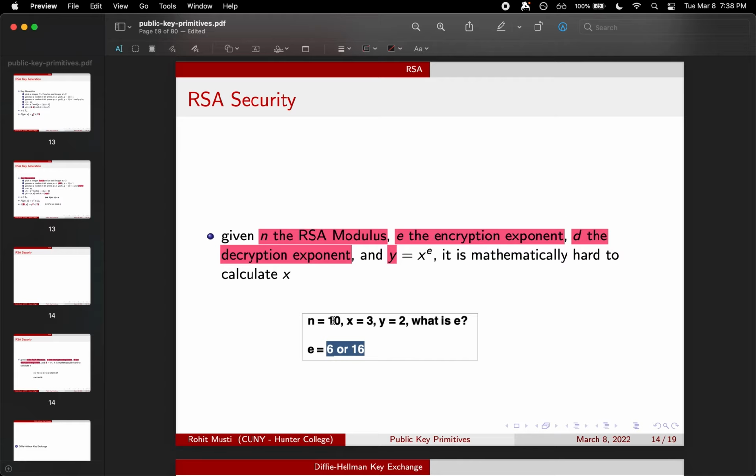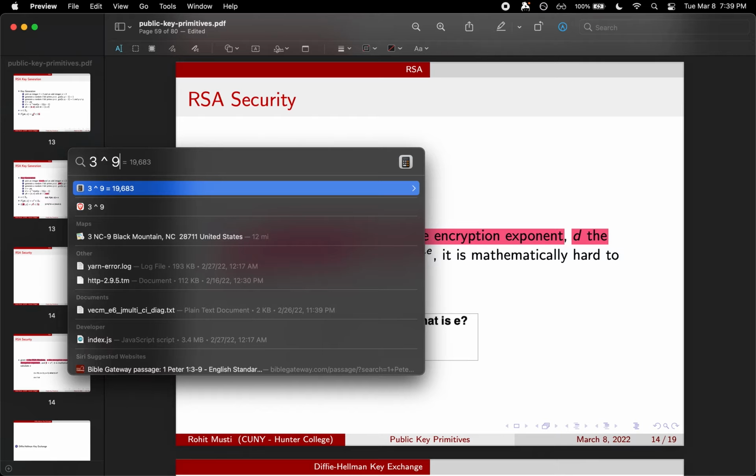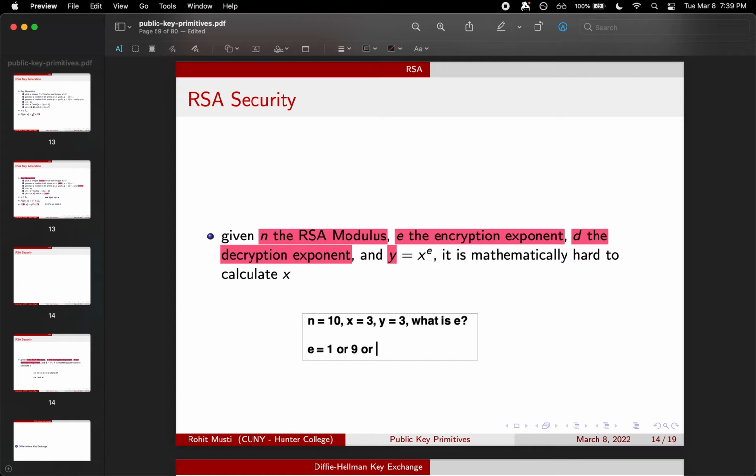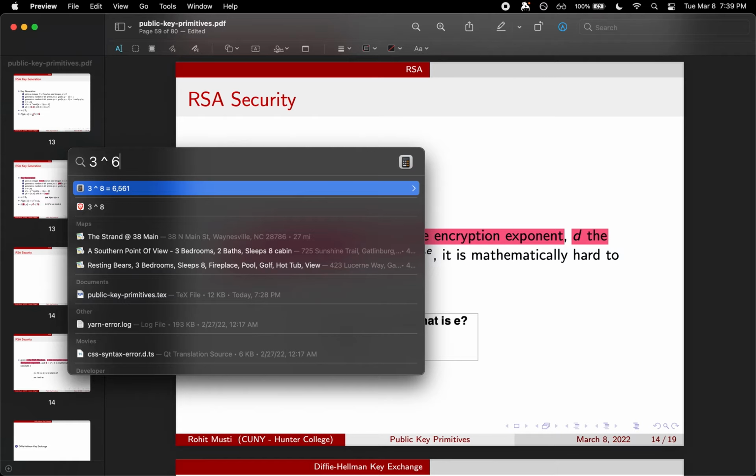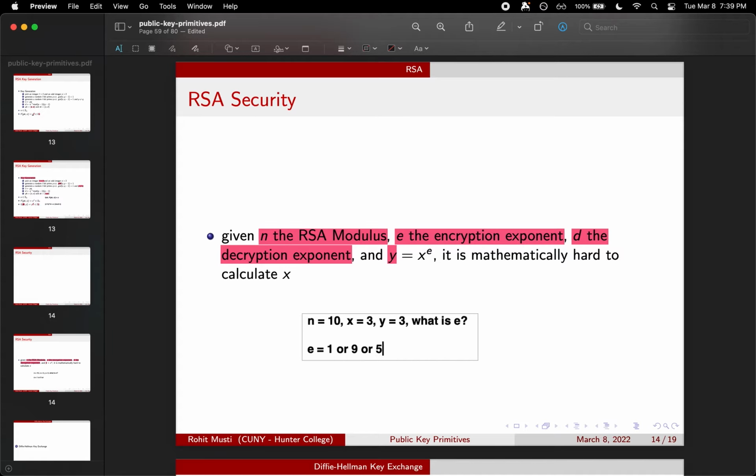Let's say n is 10, x is 3, and y equals 3. What is e? Well, e could equal 1, or 9, or 5.